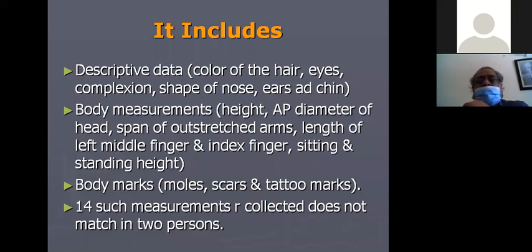And if you collect 14 such measurements, they will not match between two persons.